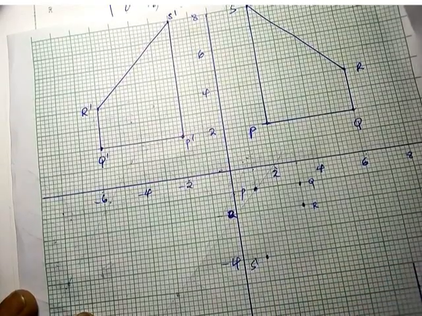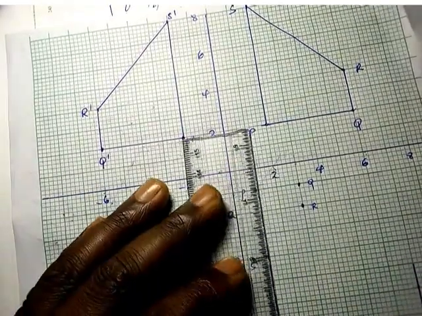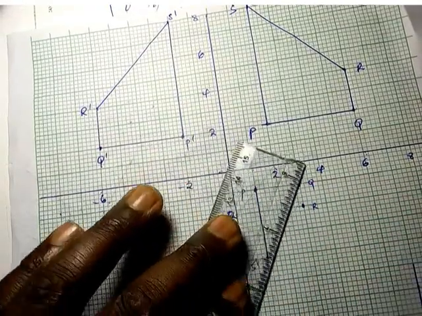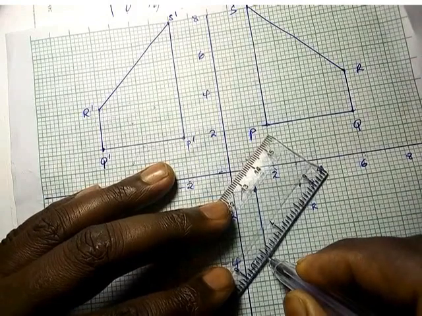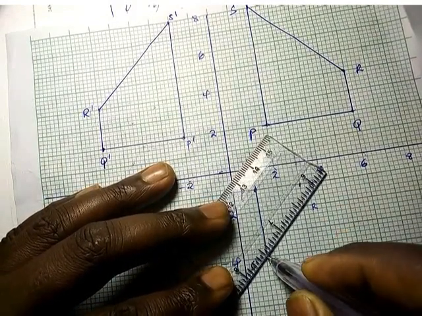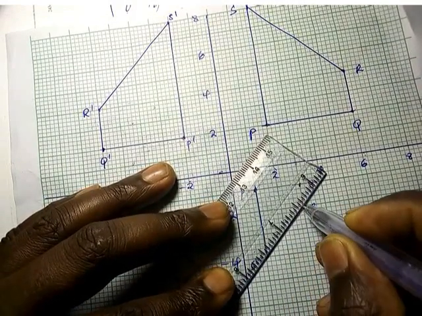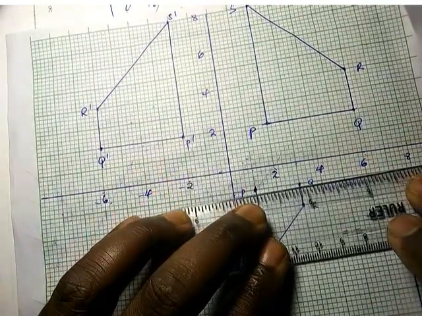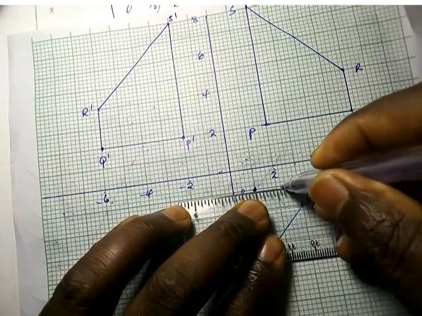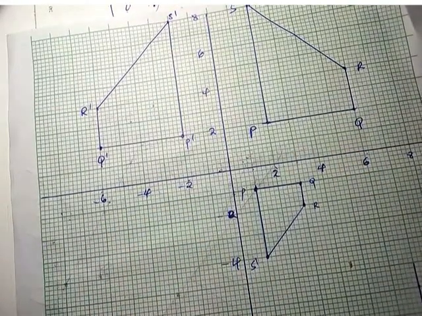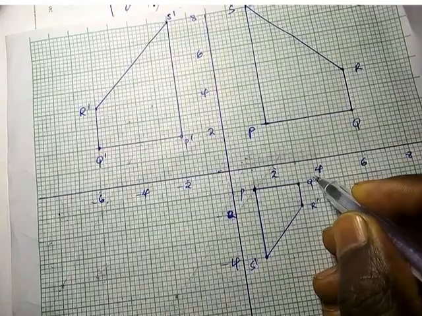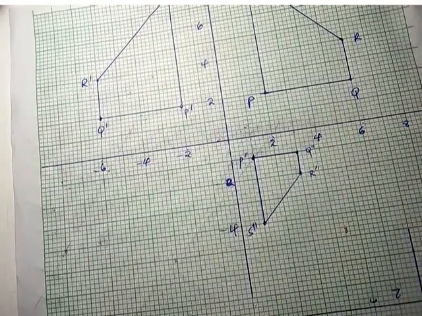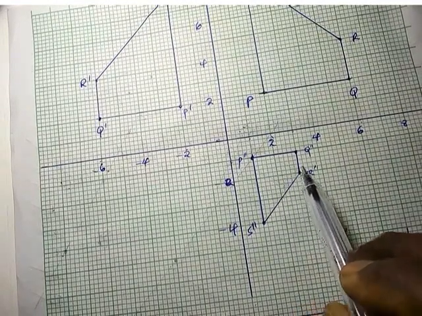That is S prime. Then you join. So now we have our prime 2 image. So you see this one has been reduced.